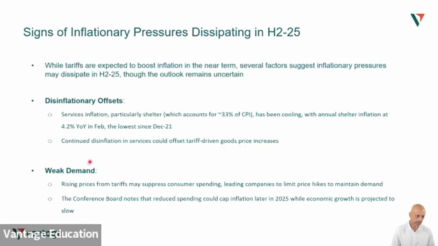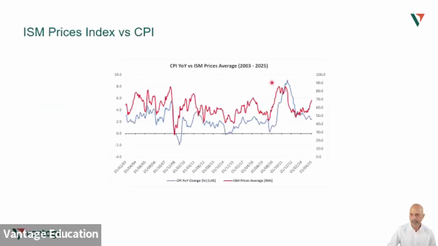Now, demand is an equally important component of the equation. Rising prices from tariffs may suppress consumer spending, leading companies to limit price hikes to maintain demand. That is why I say, although we have seen wholesalers start to face higher prices for the cost of raw materials and for services, this may not be passed on entirely to consumers.